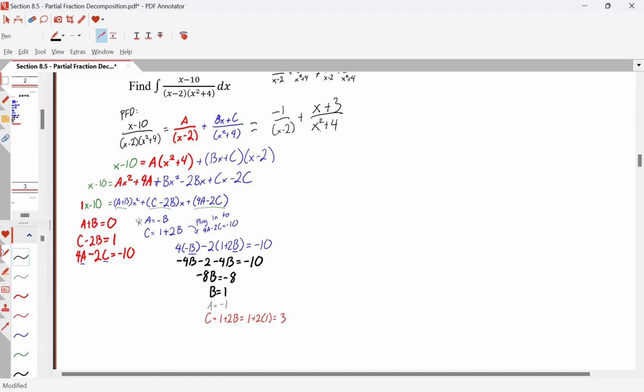If I were to go through the process of combining fractions and combine that all together into 1 by multiplying by the opposite denominators, I would get back to x minus 10 all over x minus 2 times x squared plus 4.